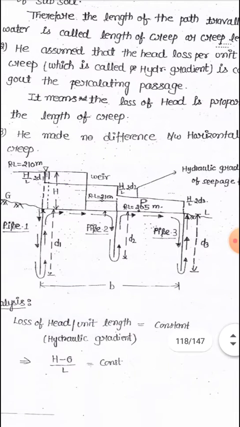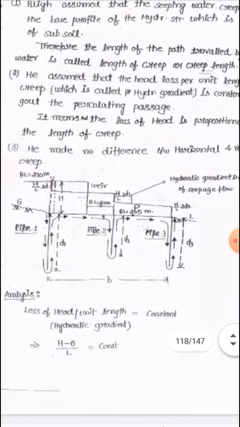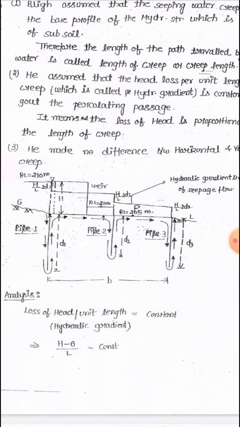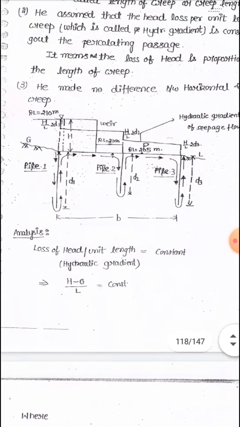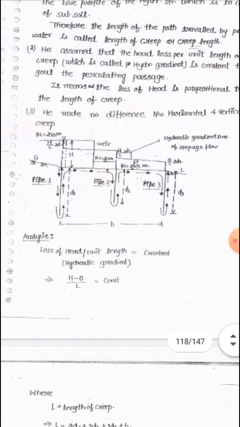So therefore, the total length traveled by the water particle is 2 times D1 plus 2 times D2 plus 2 times D3 plus total horizontal width B, that is the total length of path traversed by the percolating water, that is length of creep.